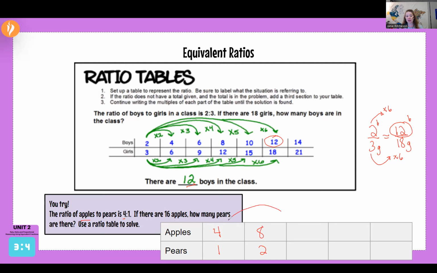If we multiply by 3, we get 12 to 3. What if we multiply them both by 4? So 16, that's what we were looking for, right? 16 apples. So 1 times 4 is 4, and the answer is 4. And you could keep going. This is just a simpler, shorter way to do it, I suppose.